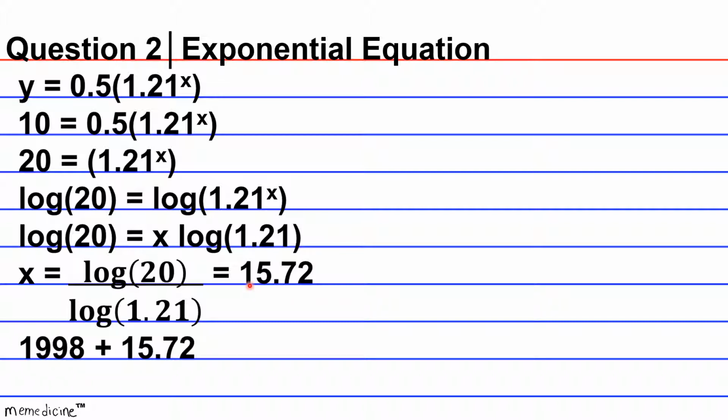Therefore, 1998 plus 15.72 is equivalent to 2013.72. What this tells us is that sometime during 2013, maybe towards the latter end of the year, going into 2014, but definitely still in 2013, the number of snowboarders reached 10 million.